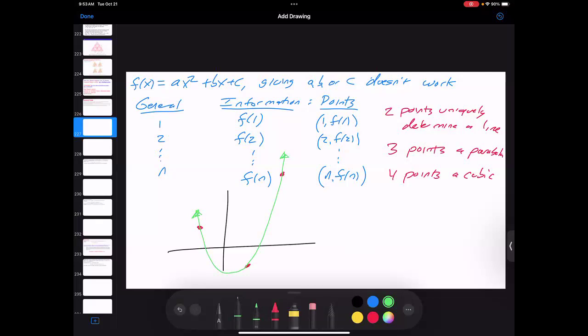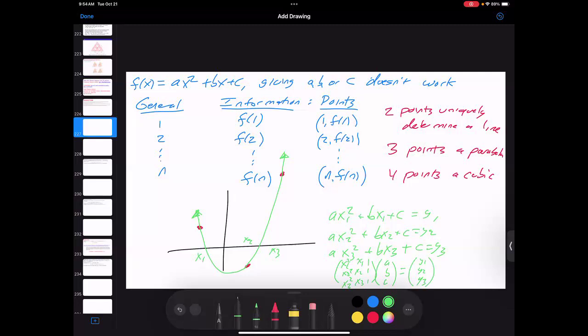And so we would have, if we call these points x1, x2, x3, you'd get a x1 squared plus b x1 plus c equals y1, a x2 squared plus b x2 plus c equals y2, a x3 squared plus b x3 plus c equals y3, or the matrix with rows x1 squared, x1, 1; x2 squared, x2, 1; x3 squared, x3, 1 times a, b, c equals y1, y2, y3.